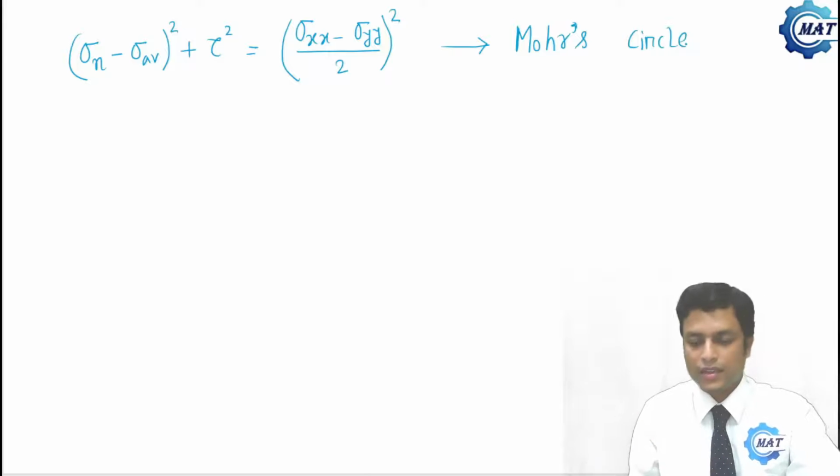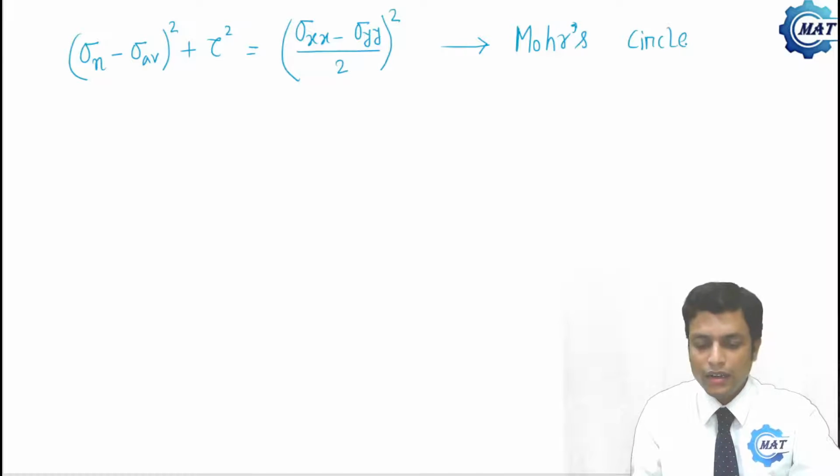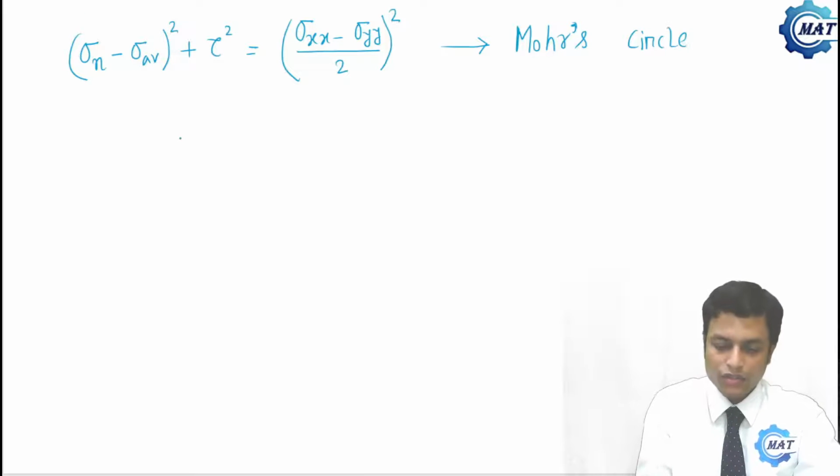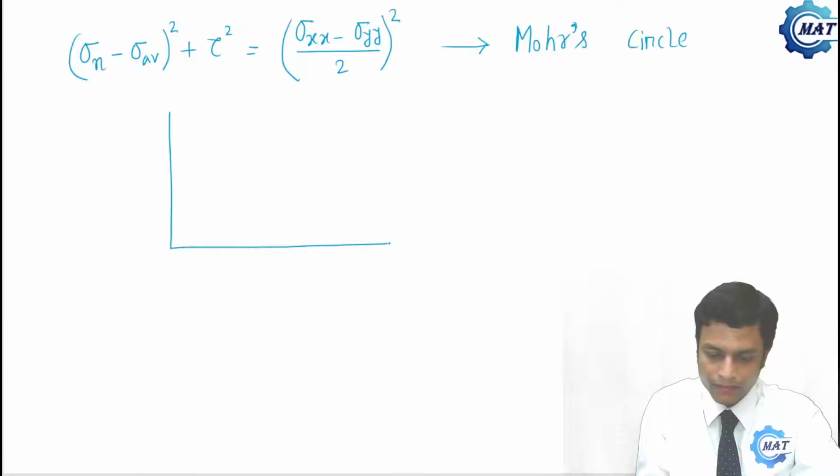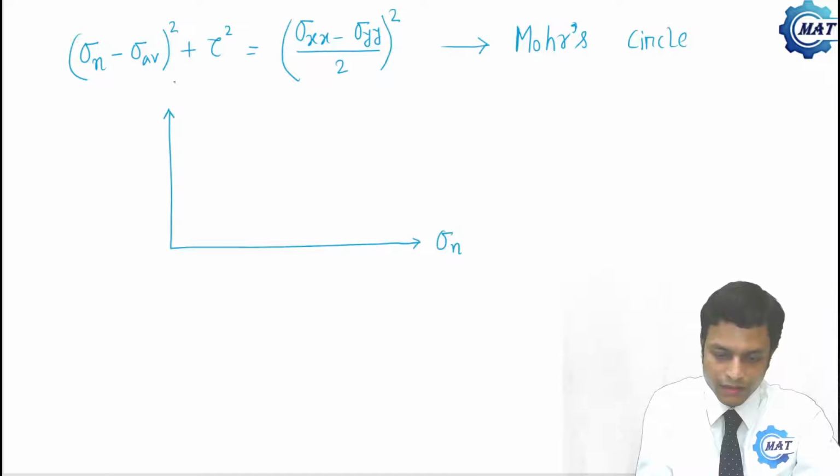Now how to draw the circle? This circle is drawn, as we have already seen, in the sigma n tau plane. So first of all, we have to draw these two axes: this is the sigma n axis, this is the tau axis.